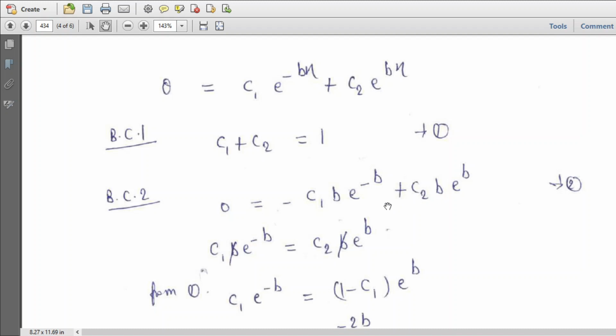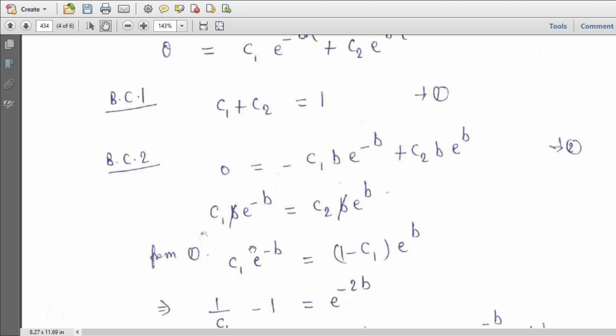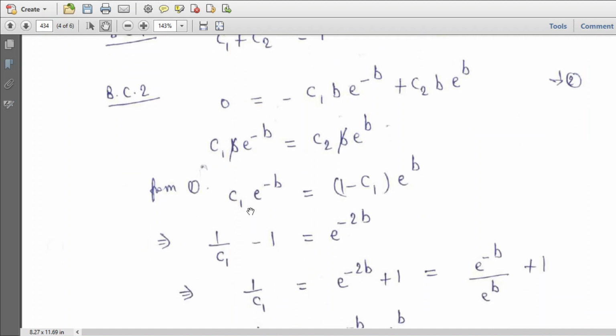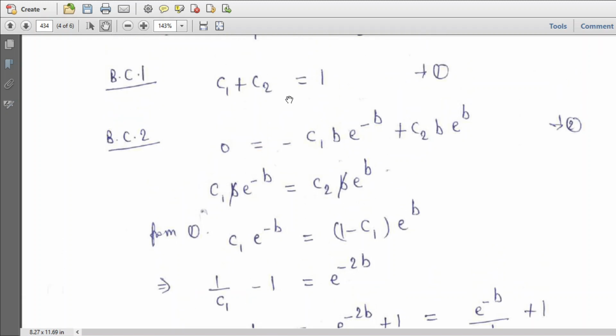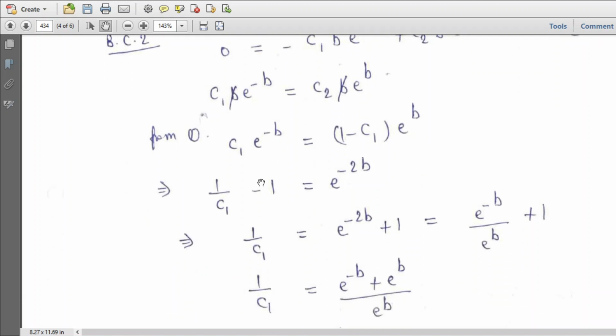So substitute that and solve this. From here you get C1 e to the power minus b equal to C2 e to the power b. This can be substituted back into equation number 1, and from here you get C1 e to the power minus b equal to 1 minus C1 e to the power b.